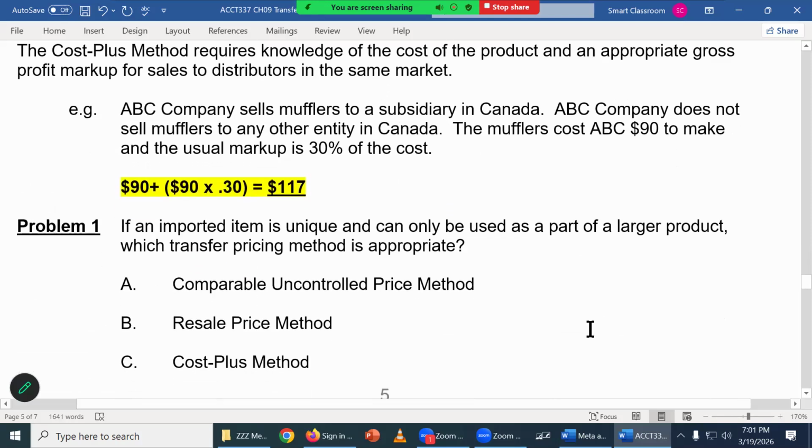Okay, problem one. If an imported item is unique and can only be used as part of a larger product, which transfer pricing method is appropriate? So it's unique, and it can only be used as part of something. Say you're making a giant cement mixer, and this is some kind of control board that goes into it. Which one of those is probably going to be used?